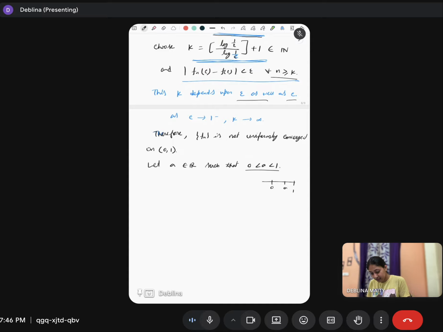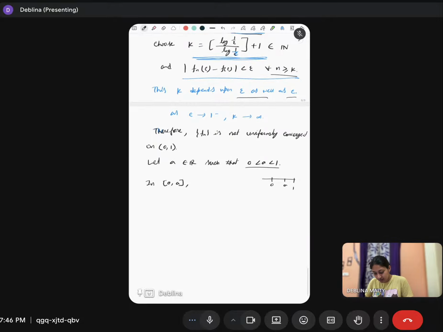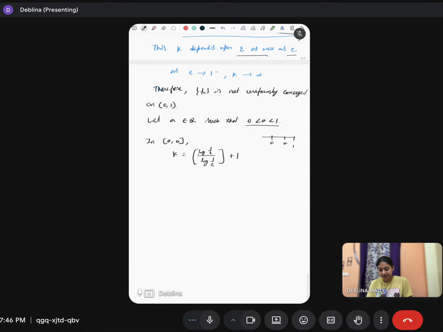Now in this closed interval [0, a], so our value of k was what? This one, the greatest. So k is log of 1 by epsilon by log of 1 by c, plus 1, right?